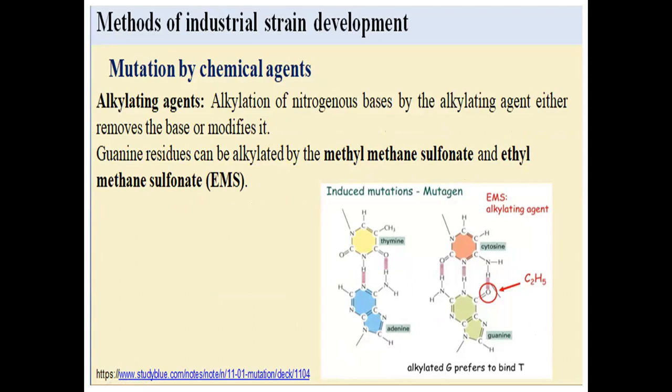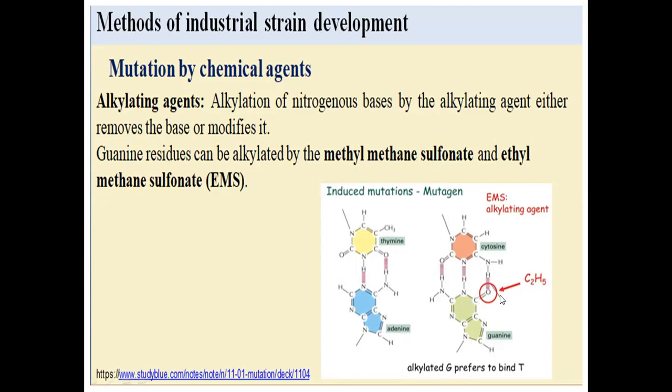Suppose this is your thymine and adenine, how they base pair and how much space they fit between your coding strand and your template strand. So these alkylating agents get tagged to one of the bases.